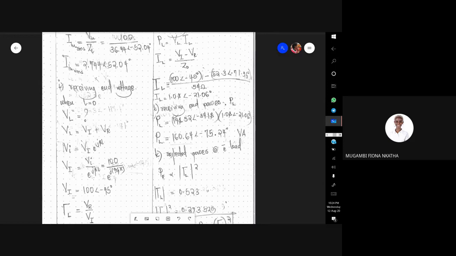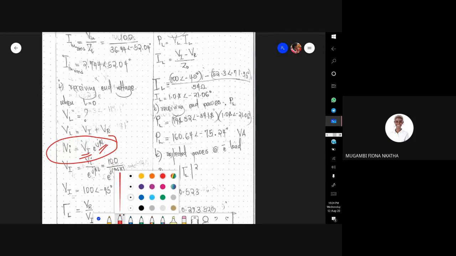Then the input voltage, you will derive from the formula. All these formulas are there. This one is important; that's where we got the VI from. So you make VI the subject of the formula, since you know beta and you know L, and we know our input voltage as 100. That one you can do.